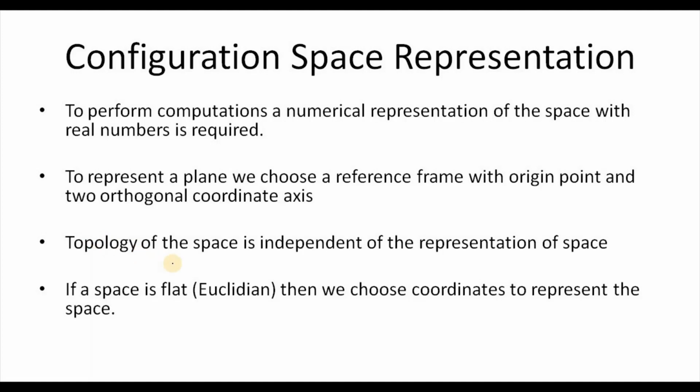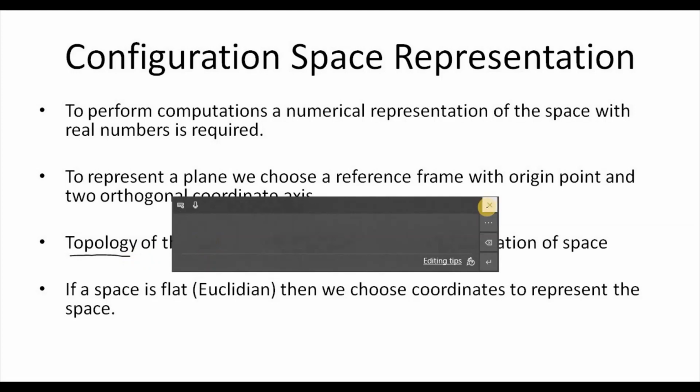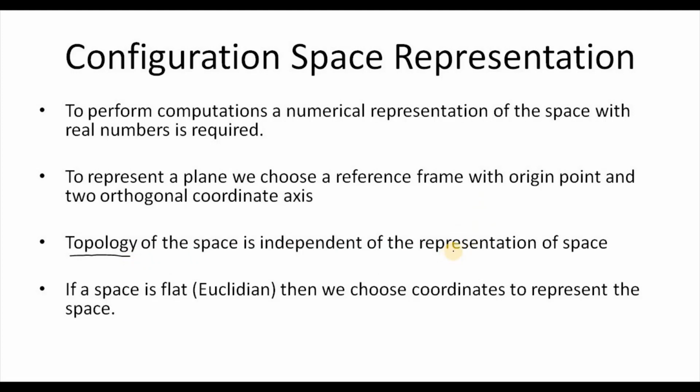Okay, the topology of the space is independent of the representation of the space. We already talked about it. Topology is the shape, and representation is showing your C-space with some real numbers, or with coordinates.